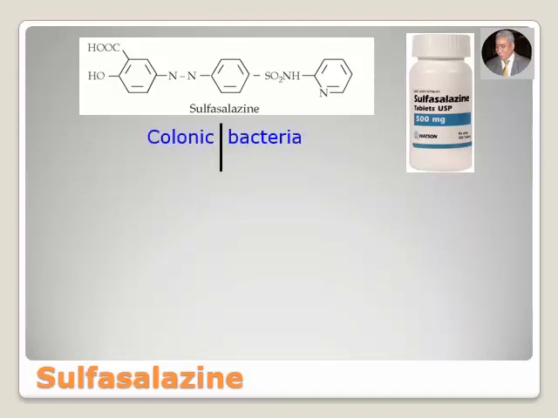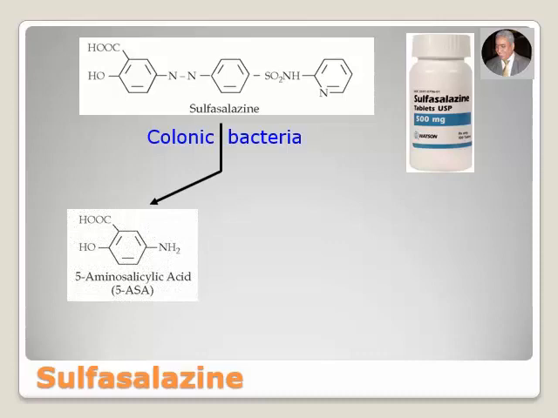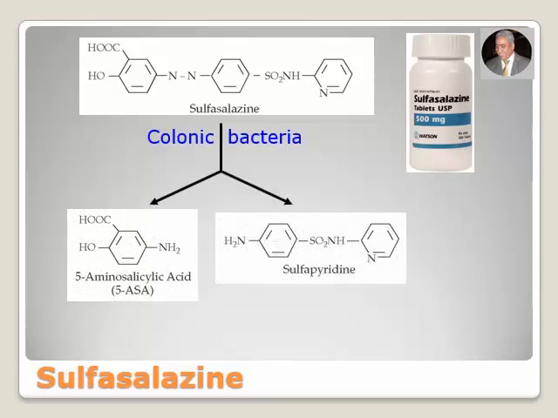When taken orally, it is not absorbed and reaches the colon, to be hydrolyzed by the colonic bacteria into 5-aminosalicylic acid and sulfapyridine. 5-aminosalicylic acid is an anti-inflammatory, and the sulfapyridine is an immunosuppressant.